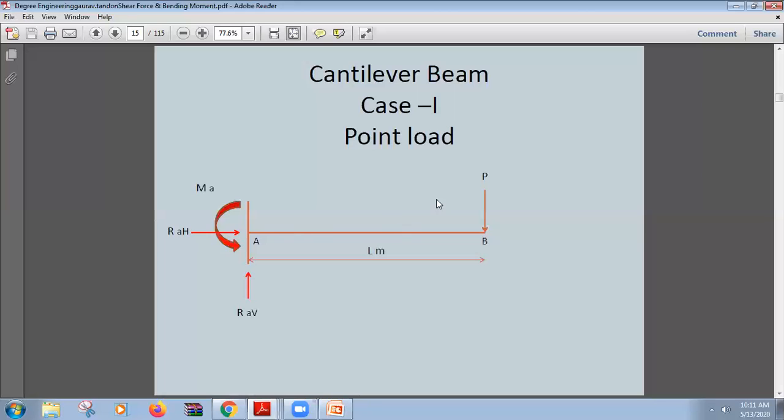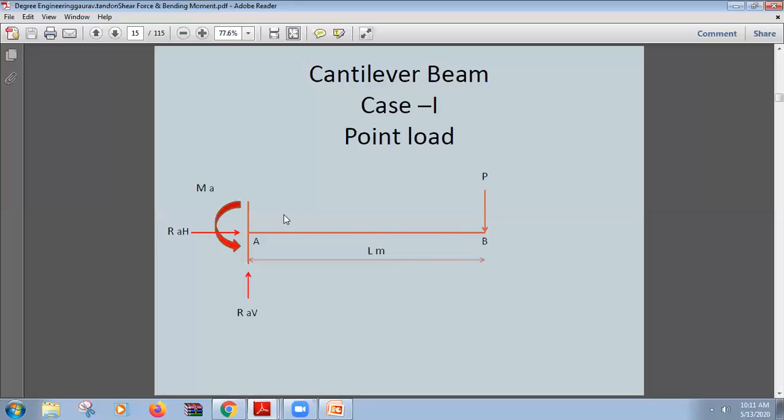But in this case the beam is loaded in the vertical direction only. There are no horizontal forces. So this horizontal component will not have any effect, and it is neutralized, and the only effect is the vertical effect, since we have force P acting vertically downwards.